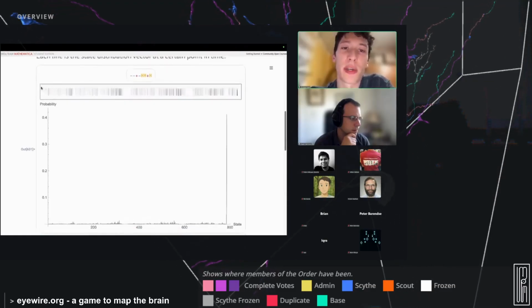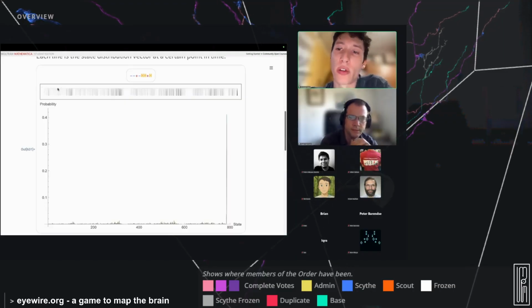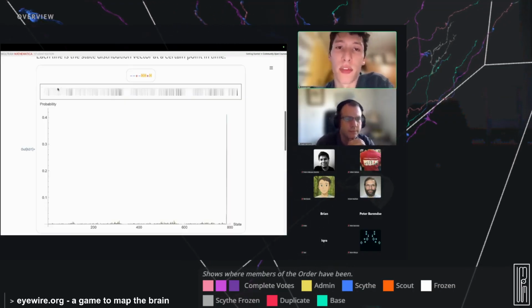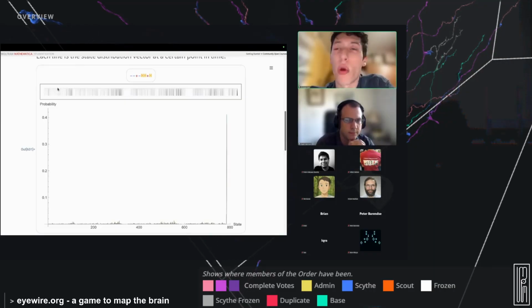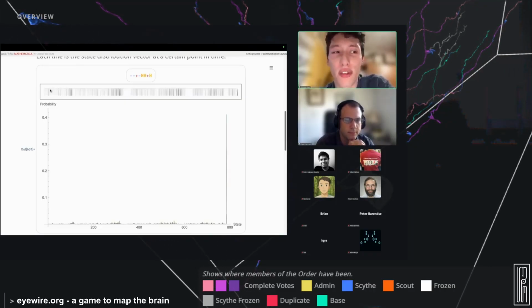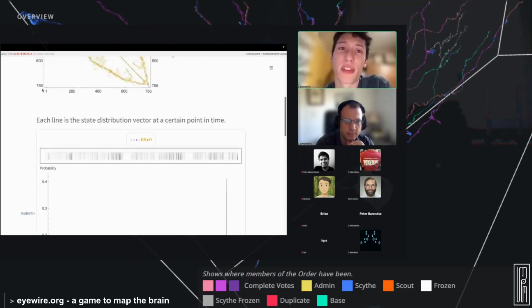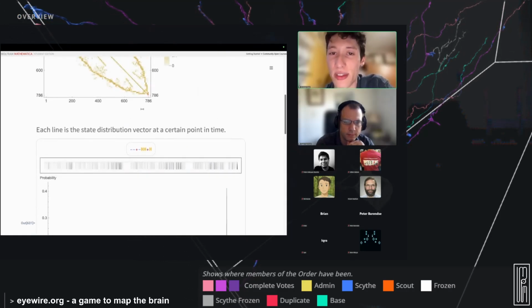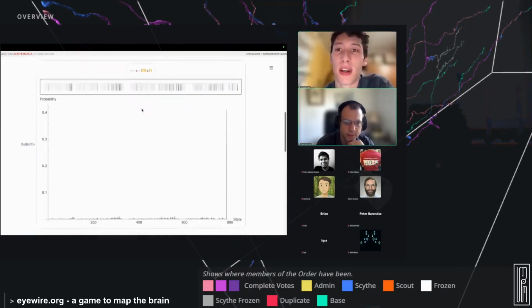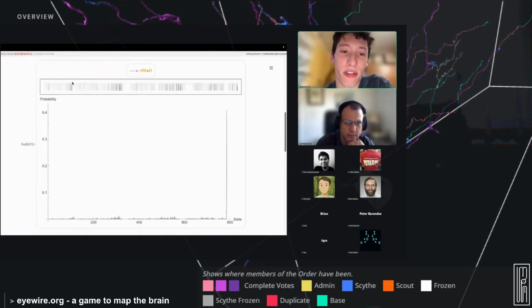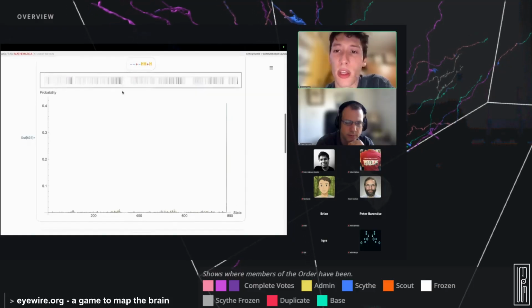At the top here is basically an array plot, so each row is the full state distribution probability vector. Each row here has the same 786 entries, and we see it's kind of sparse in here.